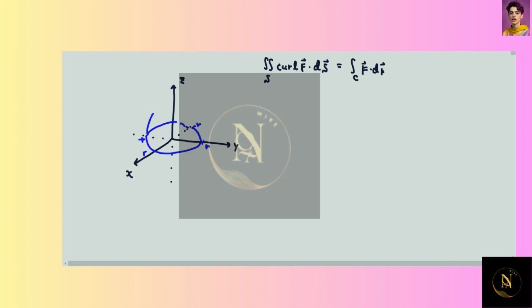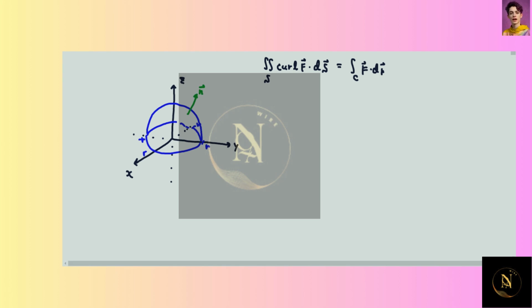Okay, that's the top hemisphere. Right now, I am just going to focus on this portion. If we use Stokes' theorem, we can either evaluate the surface integral through the double integral, using the fact that this is going to be the normal vector, and then we find the curl F and take the dot product with that.